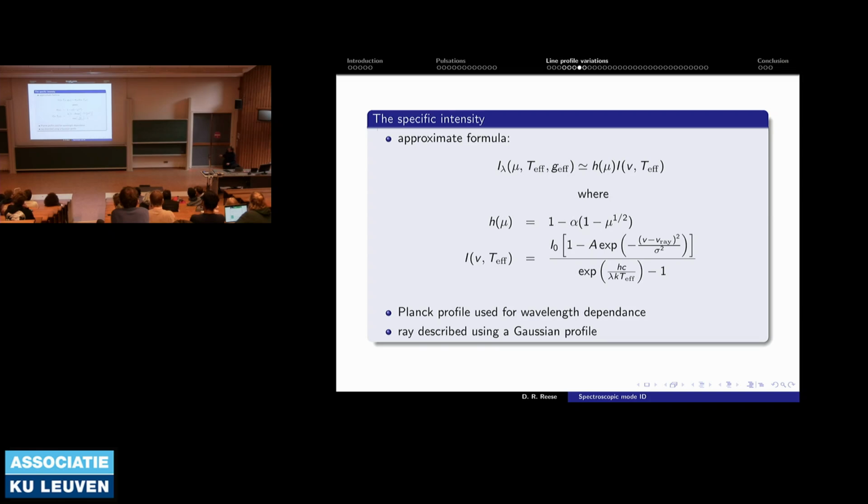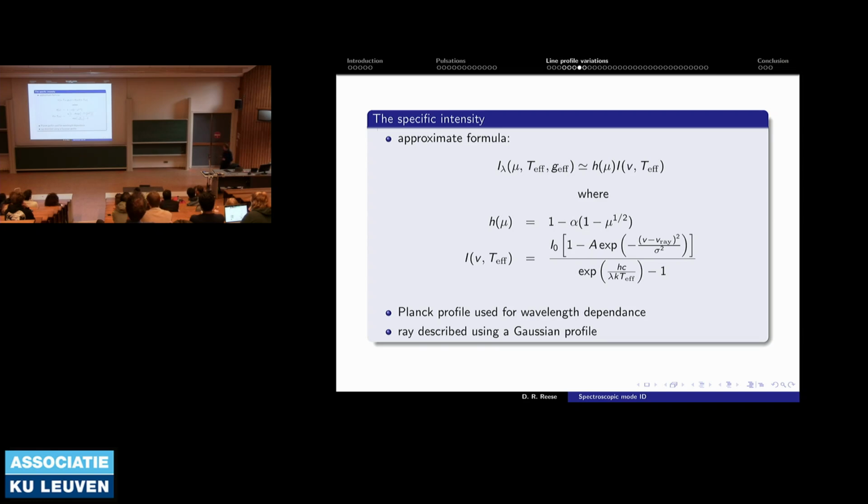For the specific intensity, I've assumed a simple Gaussian profile for the line absorption. Realistically, you'd have to use a Voigt line profile, which, if I remember right, is a convolution of a Gaussian and a Lorentzian. And then for the spectrum, I introduced the black body spectrum. This is important because, of course, since the star is rotating, you don't have a uniform temperature at the surface.